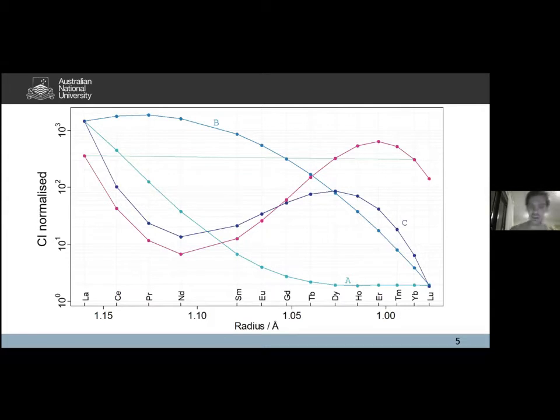Now, when you look at patterns, like the ones on the screen now, you see that they're kind of smooth curves. They go up and down in a smooth way. And that is happening because of what we heard from McCallum, the ionic radius and the chemical components. So here's an idea. How about we try to fit a polynomial to those lines?